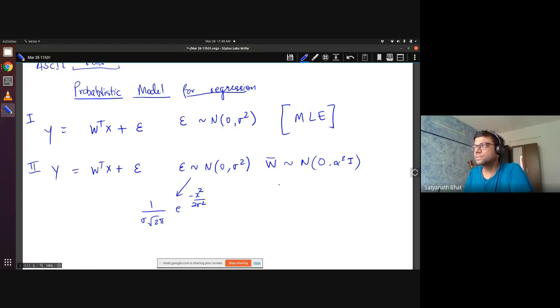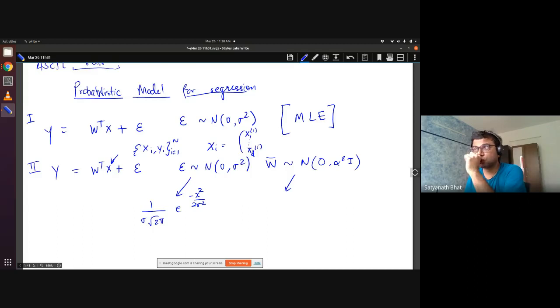Then what you will have is this. W, if you look at it, is of D plus 1 dimension. Suppose there are capital N pairs Xi, Yi, and each Xi is a D-dimensional vector, so that is the number of features present. So you can say X1i all the way till XDi.